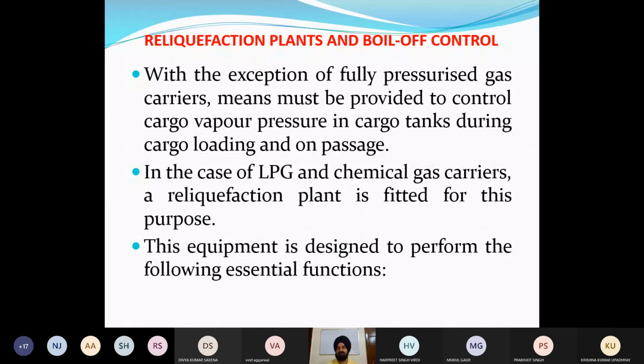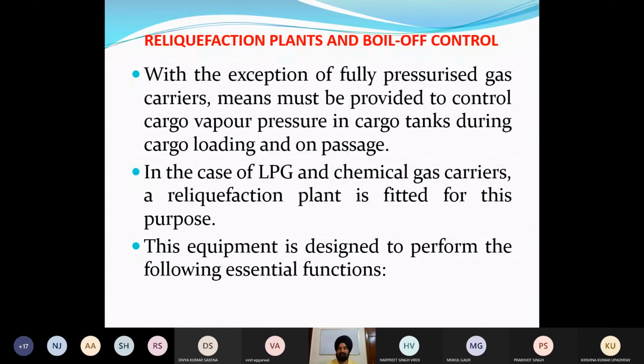And how will this pressure go up? You have liquefied the gas, say LNG at minus 160, or other gas at say minus 100 or 110 degrees, and a slight change in temperature, slight transfer of heat, the gas temperature comes up, it will boil off, isn't it? It will immediately get converted to vapors. So slowly these vapors start generating and collecting in the vapor space and start increasing the pressure in the tank.